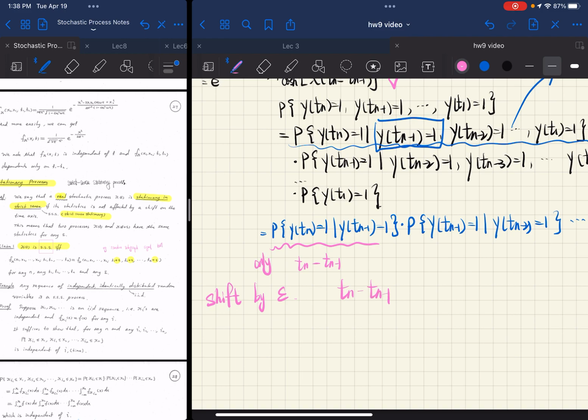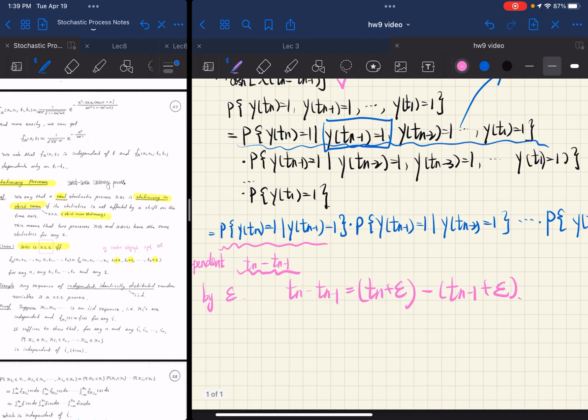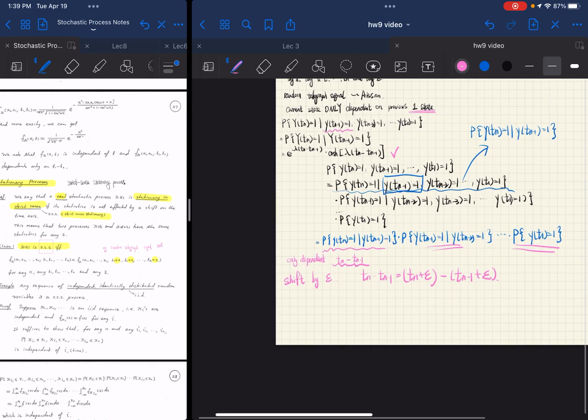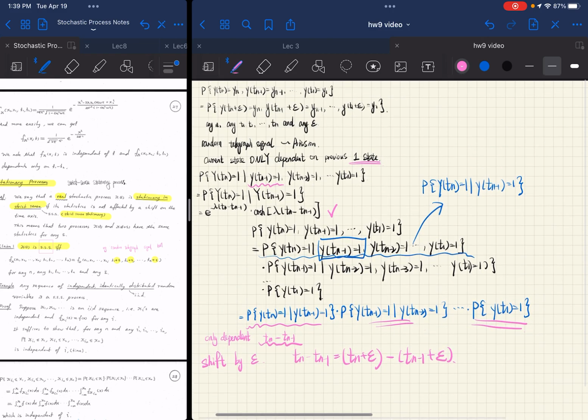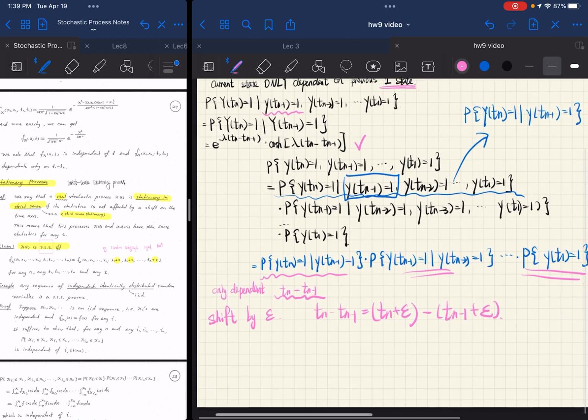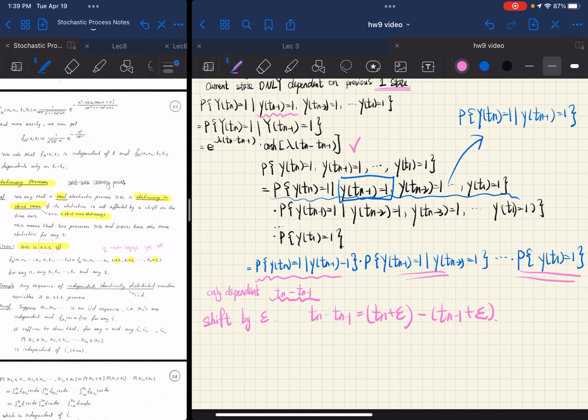This is only dependent on the time difference. After the shift by eta, tn minus tn-1 equals (tn + eta) minus (tn-1 + eta), so it will not change the value of any of the terms stated above. So we have shown that this equation is equal to this equation, and in this way we have shown that this is a strict-sense stationary process.